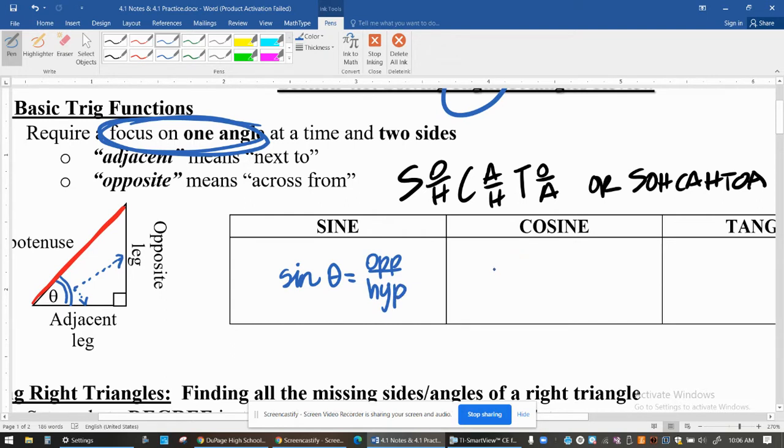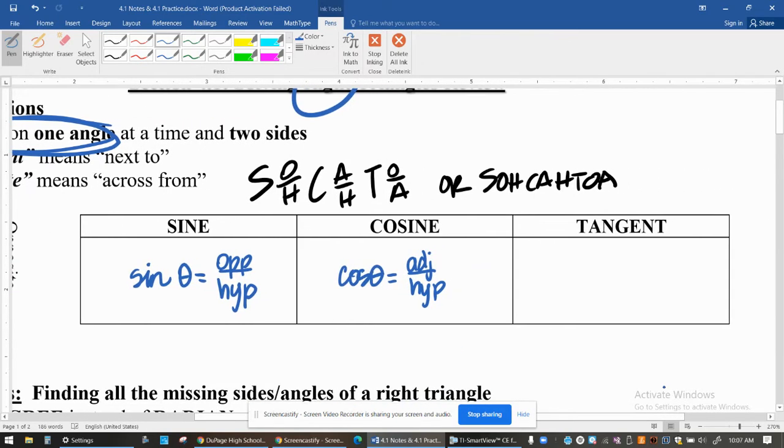The cosine of an angle is represented by the ratio, a fraction, of the adjacent side to that angle over the hypotenuse. Notice both sine and cosine have hypotenuse in the denominator. Finally, the tangent, abbreviated TAN, of an angle equals the ratio of the opposite side over the adjacent side. Remember that adjacent means next to.